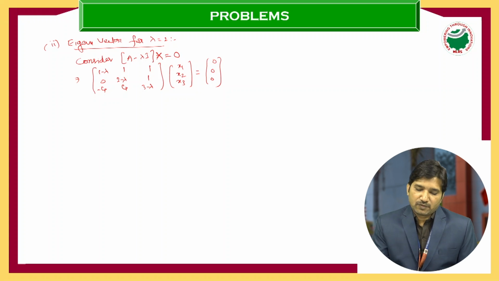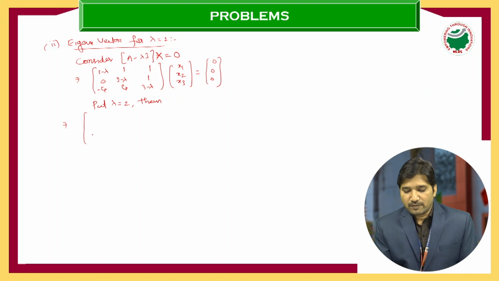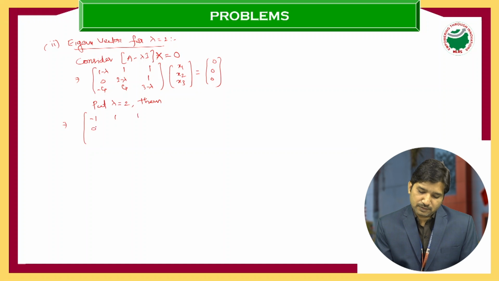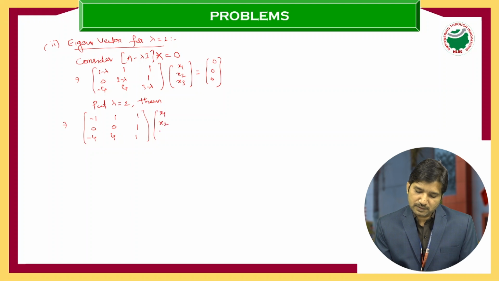Now put lambda equal to 2 and substitute the values. 1 minus 2 is minus 1, 1, 1; 0, 2 minus 2 is 0, 1; minus 4, 4, 3 minus 2 is 1, times (x1, x2, x3) equal to (0, 0, 0).